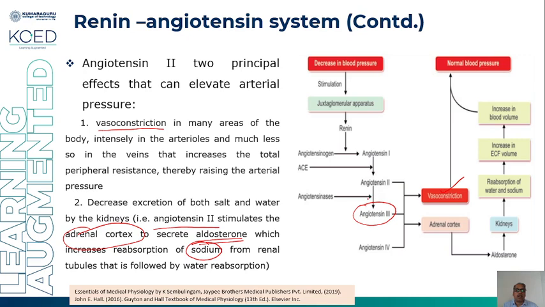Not only angiotensin 2, along with angiotensin 2, angiotensin 3 and angiotensin 4 play a major role in stimulating the adrenal cortex cells. Thereby, it will increase the secretion of aldosterone, and thereby there will be increased reabsorption of sodium. Along with sodium, all other ions will also be increased.